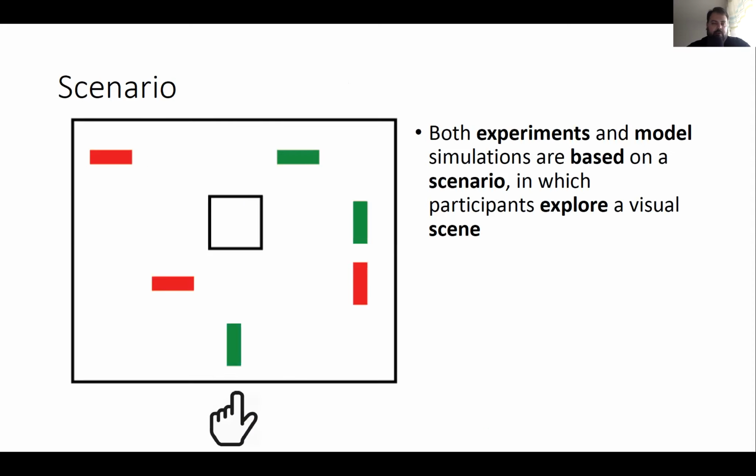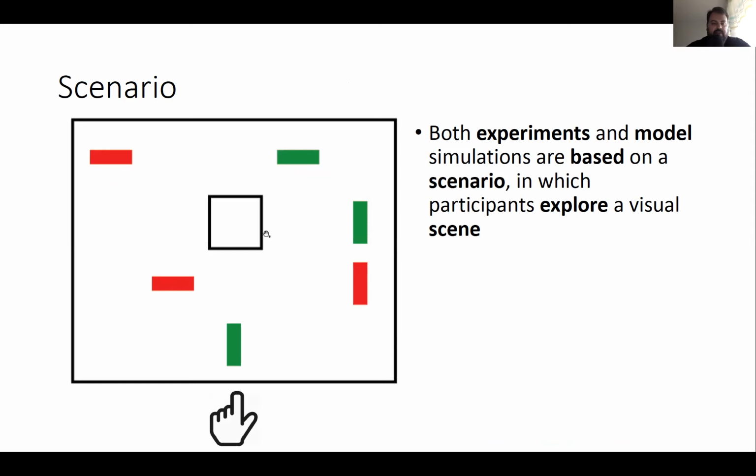Okay, so we created a new scenario that we also tested experimentally in our lab, and the scenario is the following one. It's the same scenario for the model and the experiments.